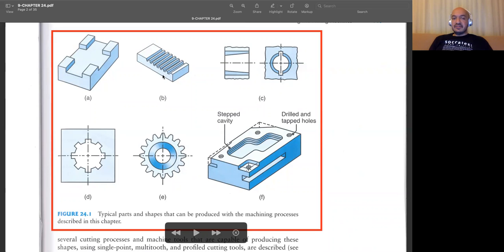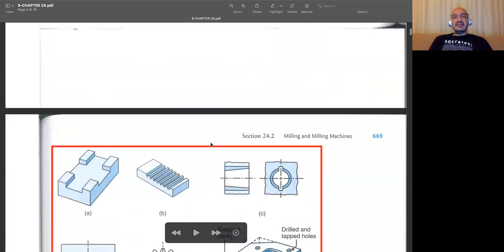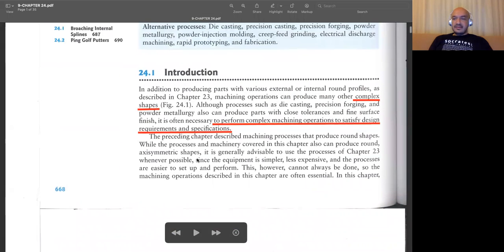You see, we can manufacture such gears, we can have such extra features, even much more complicated parts, having threads inside and having some grooves, horizontal grooves, and having some pockets. They are possible with the help of milling machines. And there are many types of these machines, and these days we prefer to use computer numerical control milling machines.